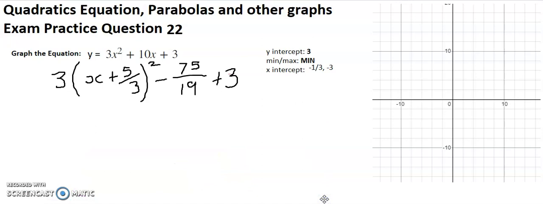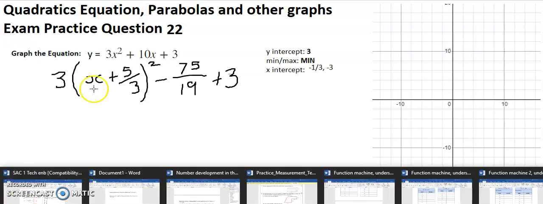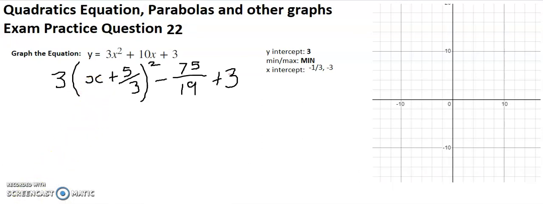Just to make that easier for me, I'm going to think of how many 9s there are in 75. And there is 8, with 3 left over. So negative 75 over 9 is the same as me saying negative 8 and 3 over 9. So if I've got negative 8 and 3 over 9 plus 3, that gives me negative 5 and 3 over 9.